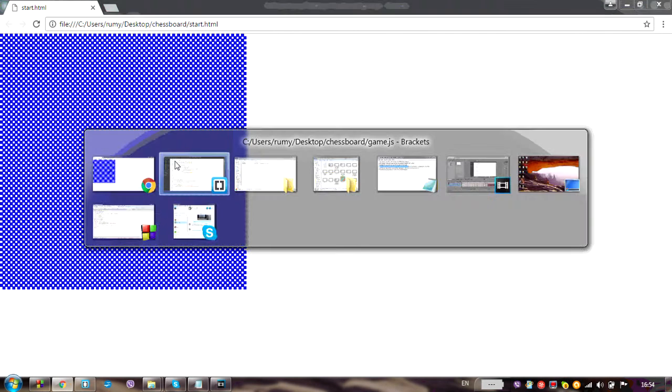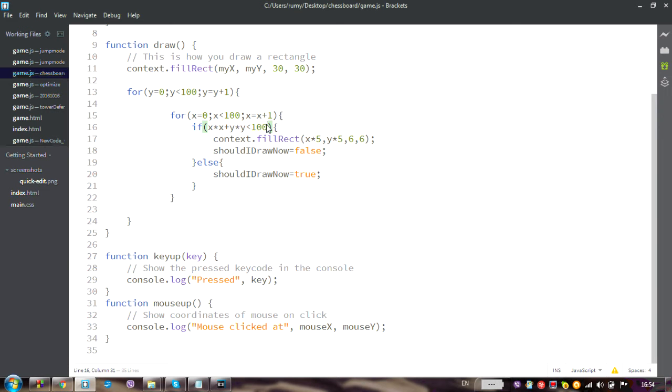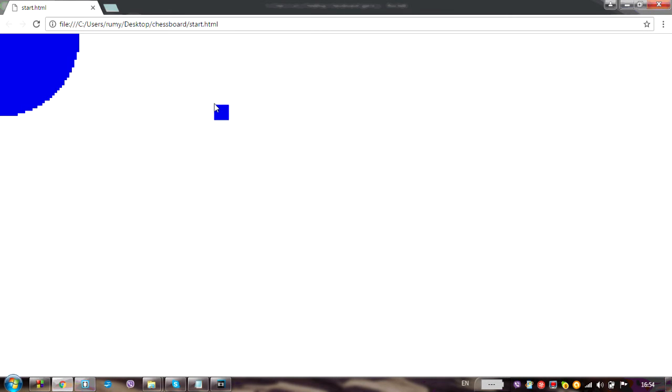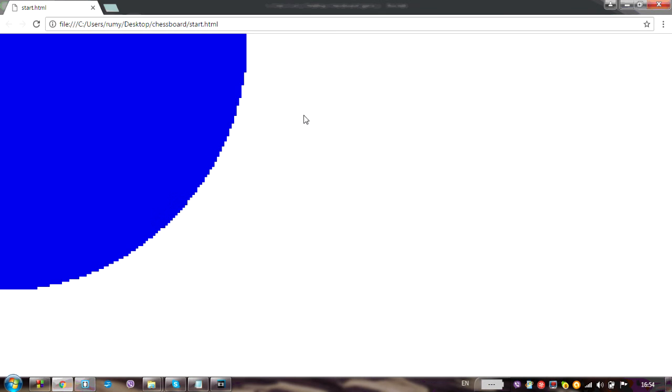And now that I have such a field, I can write any crazy conditions here, and I believe that none of you understand scary formulas like this one. I should increase this number to achieve a bigger part of a circle like this.